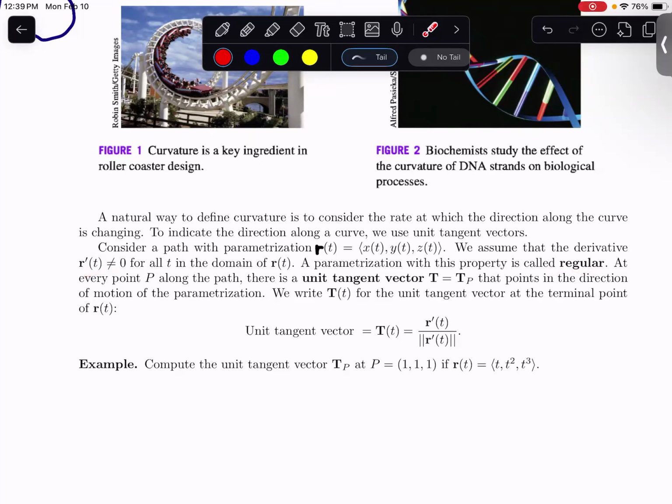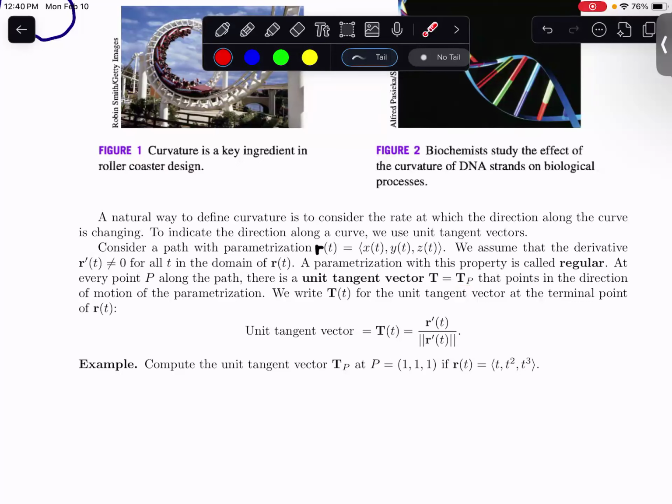And so at every point P along the path, there's something called a unit tangent vector, which is denoted by uppercase T. If you're looking at the unit tangent vector at a specific point, it's going to have a subscript P. So this unit tangent vector is going to point in the direction of the motion of the parameterization. In other words, it's going to point in the direction of the velocity vector, but it's going to have unit length.